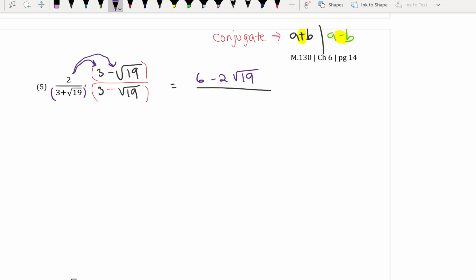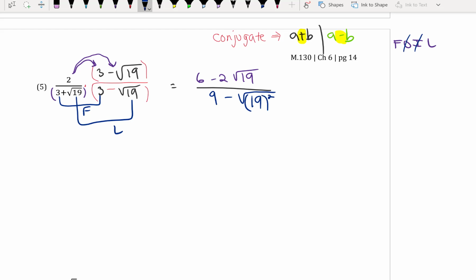Now, the reason we multiply by the conjugate is because when we FOIL, first, outer, inner, last, the outer and the inner cancel out. So you only have to deal with the first and the last. So here, my first would be 3 times 3, which is 9. If I'm dealing with my last, that would be a negative square root 19 times square root 19.